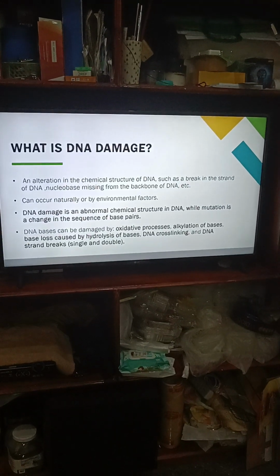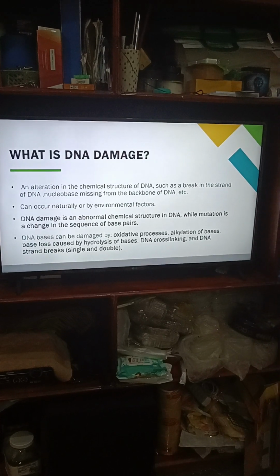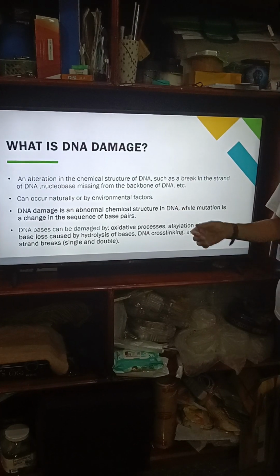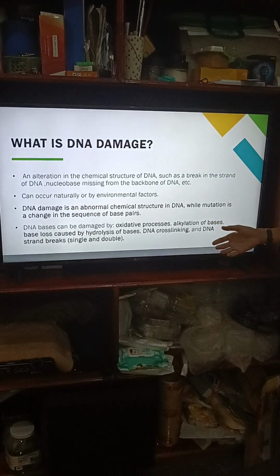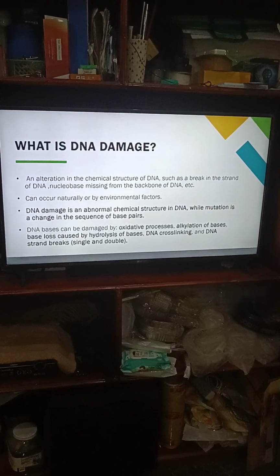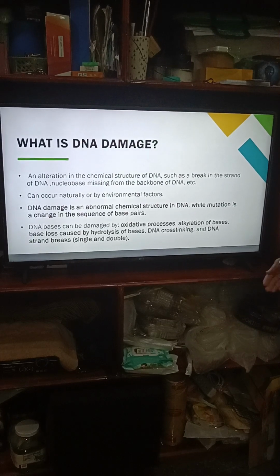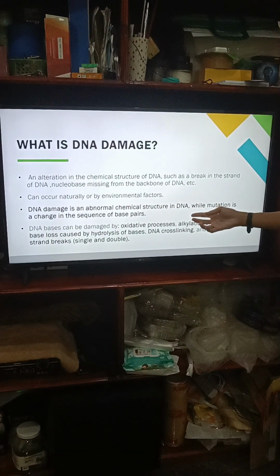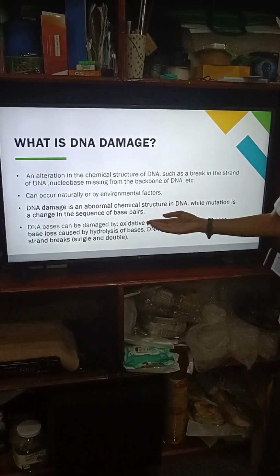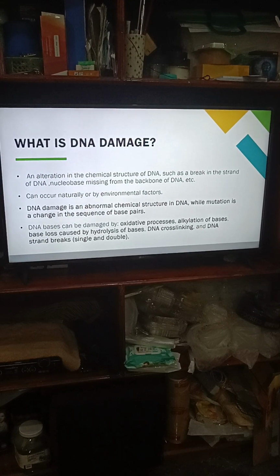So what is DNA damage? It is an alteration of the chemical structure of DNA, such as a break in the strand of DNA or a nucleotide missing from the backbone of DNA. It can occur naturally or due to the influence of environmental factors. DNA damage is an abnormal chemical structure in DNA, while mutation is a change in the sequence of base pairs. So there is a difference between DNA damage and mutation.